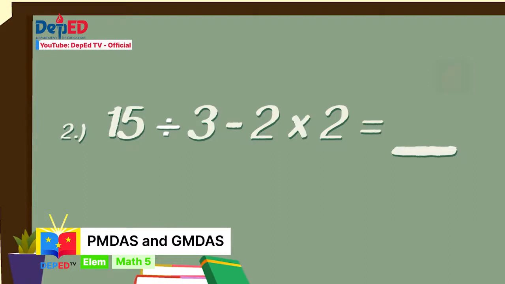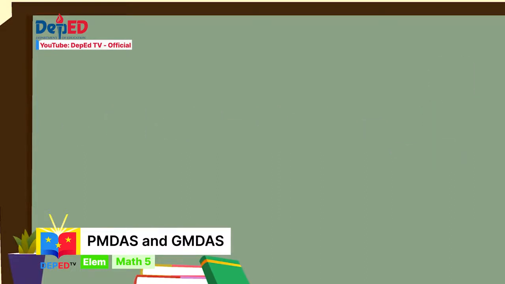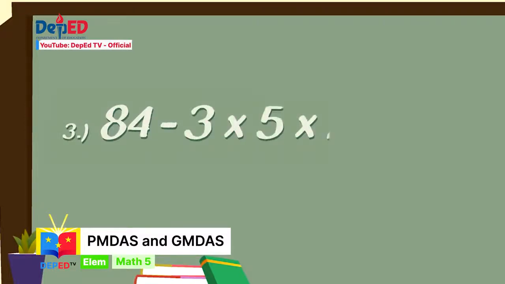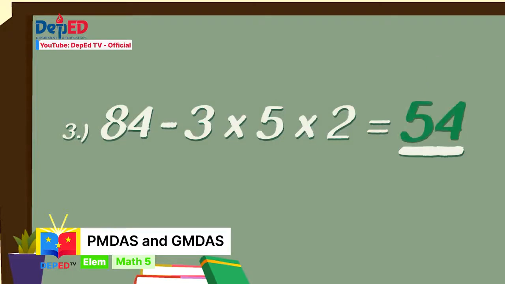The answer is 1. Number 3. 84 minus 3 times 5 times 2 equals blank. The answer is 54.